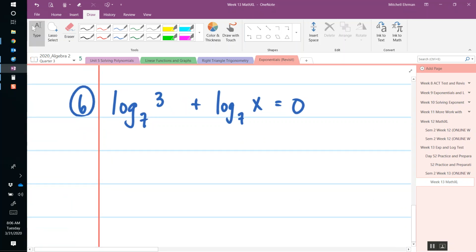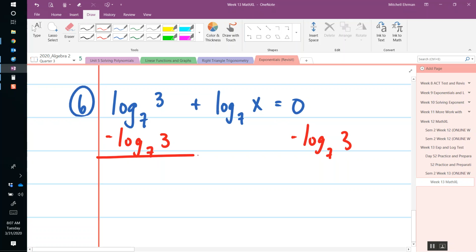Now, if you're carefully thinking about this, one thing you could do, and we're not going to, is subtract log base 7 of 3 from both sides. And in this case, we would get lucky because of the 0 on the right-hand side.